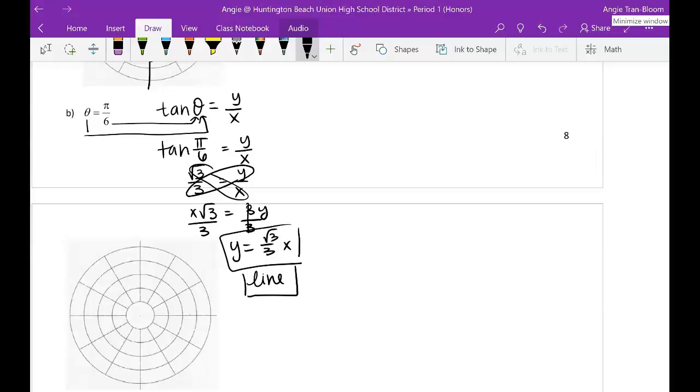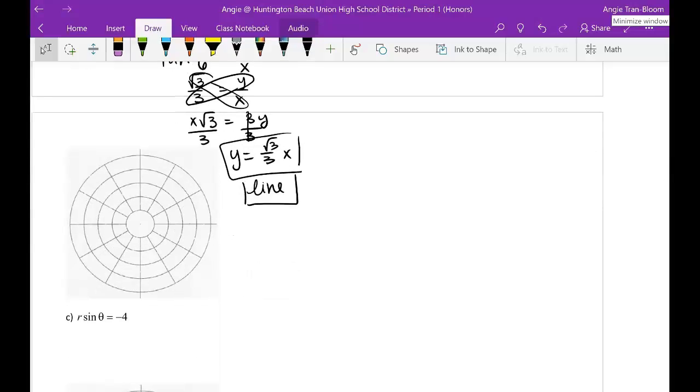So let's graph it out. I'm going to demonstrate how I would graph this in rectangular format. Here's my y-axis, and here is my x-axis. This line has a y-intercept at (0, 0).